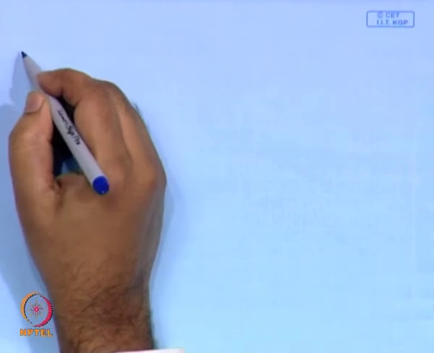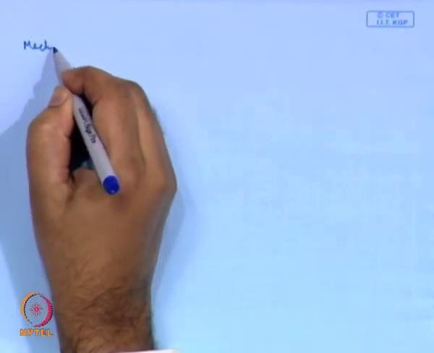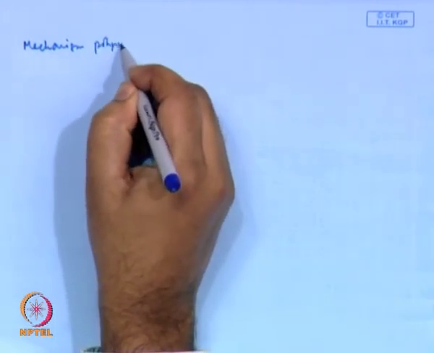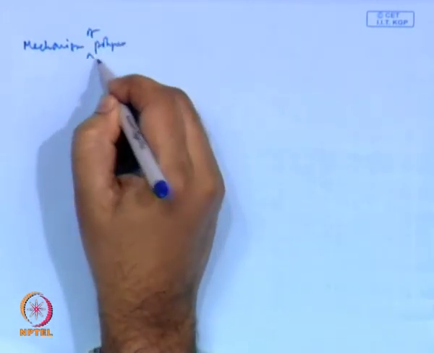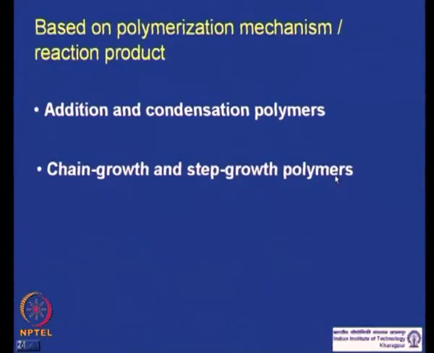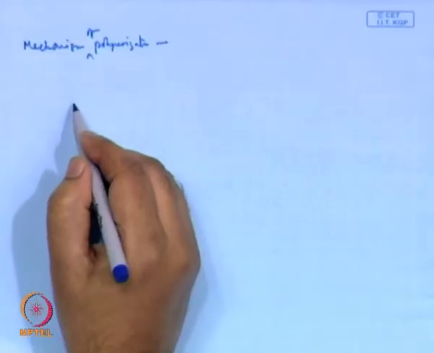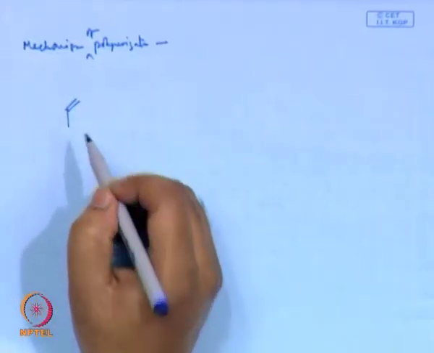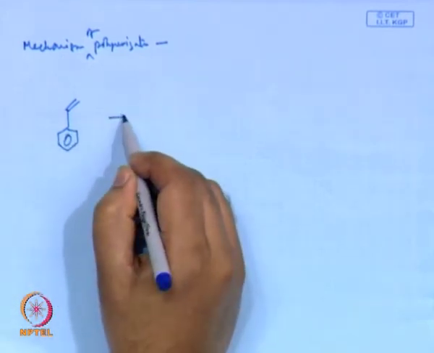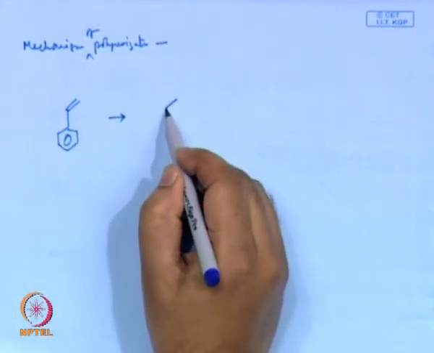Now, we will come to the mechanism of polymerization. These two types of polymers, this classification, chain growth and step growth polymers. You take an example like I took in the class, styrene.